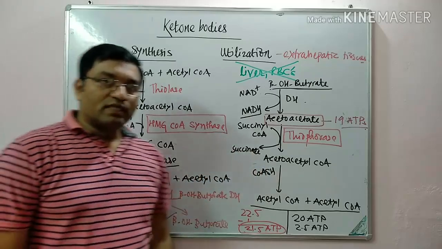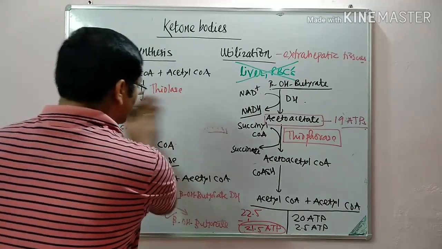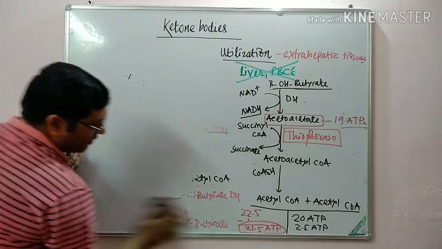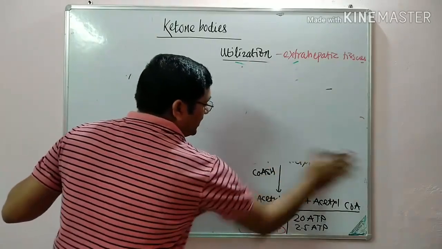The normal concentration in blood is less than 1 milligram per deciliter. If the concentration increases above 1 milligram per deciliter, the condition is known as ketonemia.